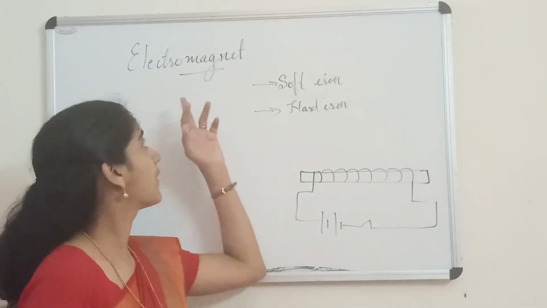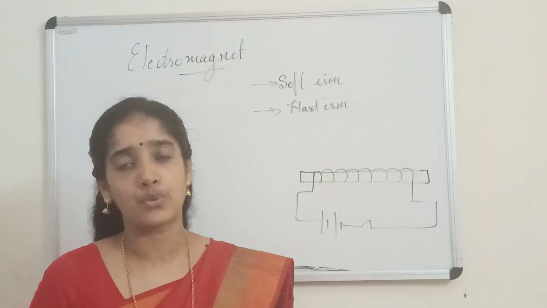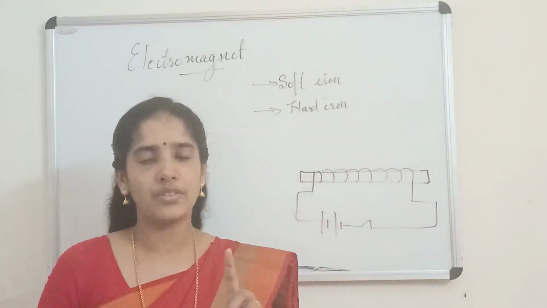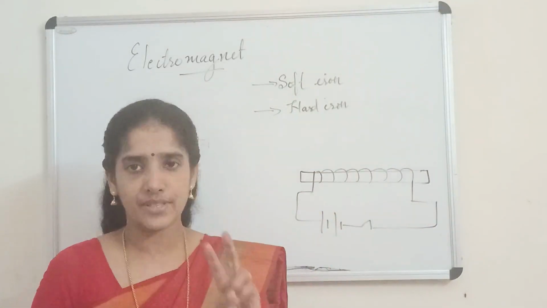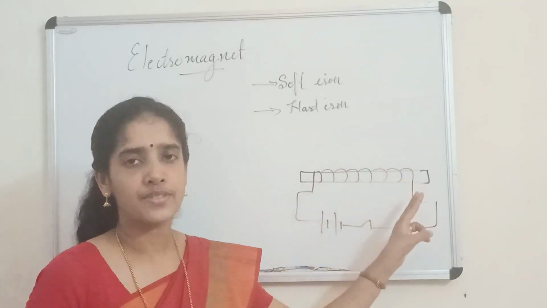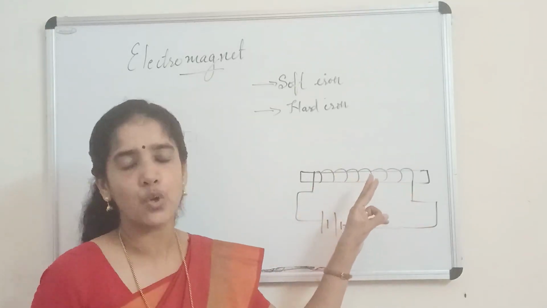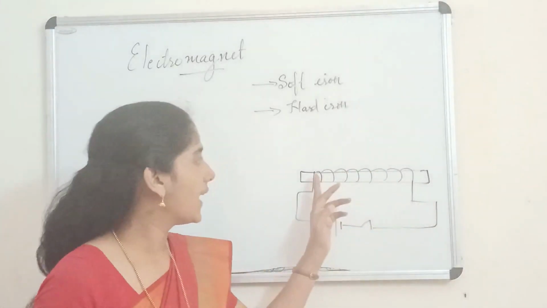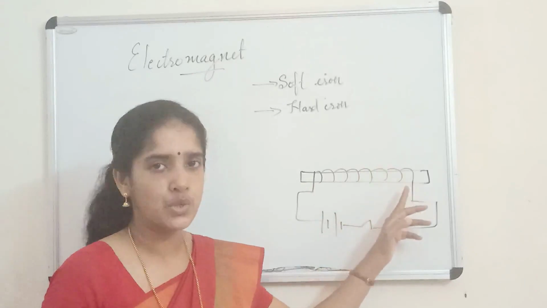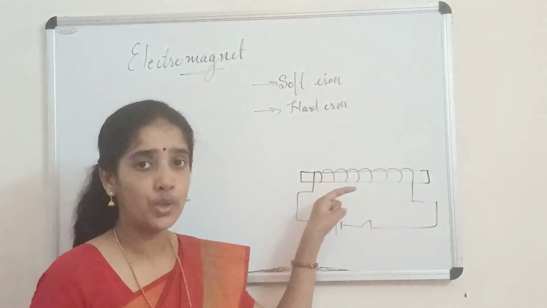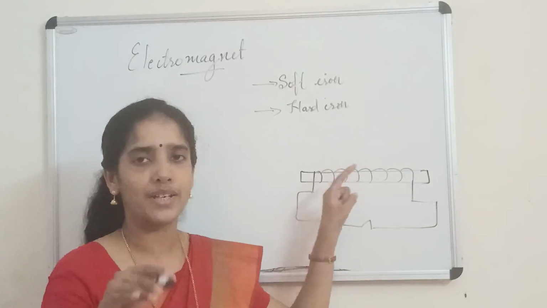Whenever we make an electromagnet, we don't prefer steel. Why? Because first, it is not easy to magnetize it, and second, it is not easy to demagnetize. If the coil is wound over a soft iron core, then as soon as you pass electricity, the coil starts showing the magnetic property, and the iron core comes in the magnetic field of that coil.